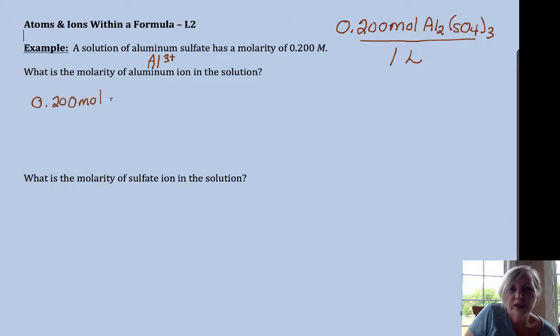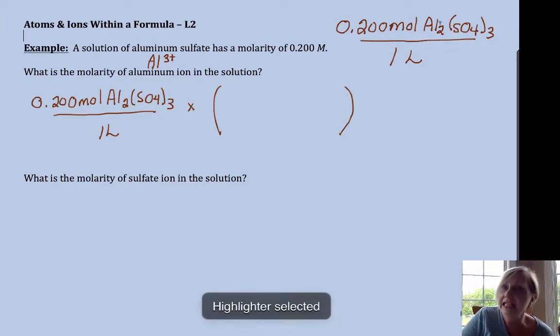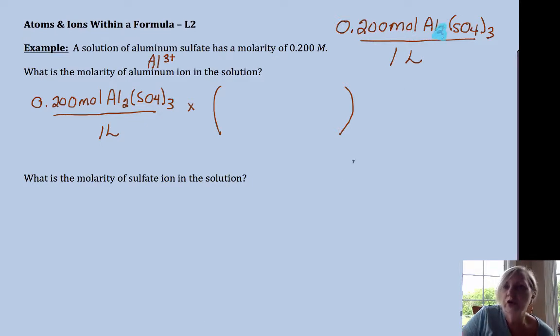So we're going to do a dimensional analysis. I've got 0.2 moles of aluminum sulfate for every 1 liter of solution. Now to find the aluminum ions, this is an ion within type of calculation. We're going to use that subscript.